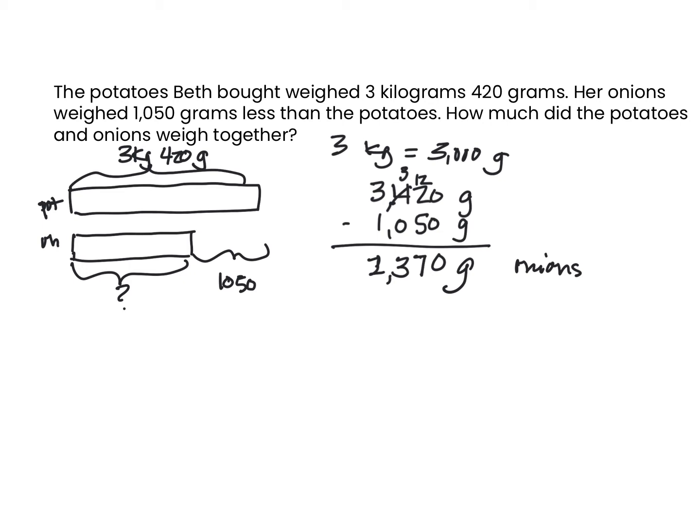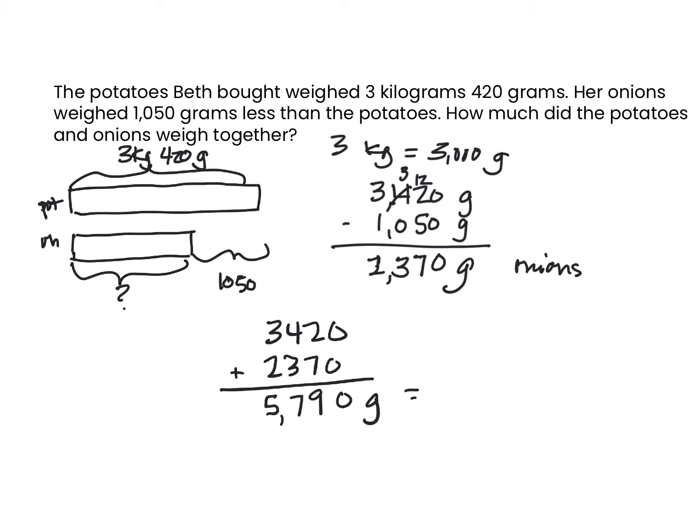We'll take our 3,000, well, we can do it both ways. Actually, we can convert back, but let's go ahead and keep it in grams. So 3,420 grams and 2,370 grams, and we're going to add those together to see what we weigh all together.